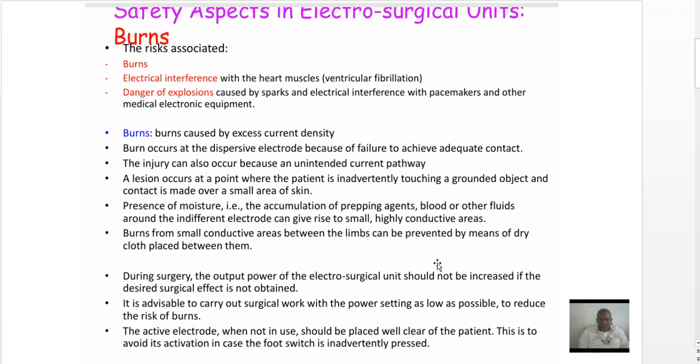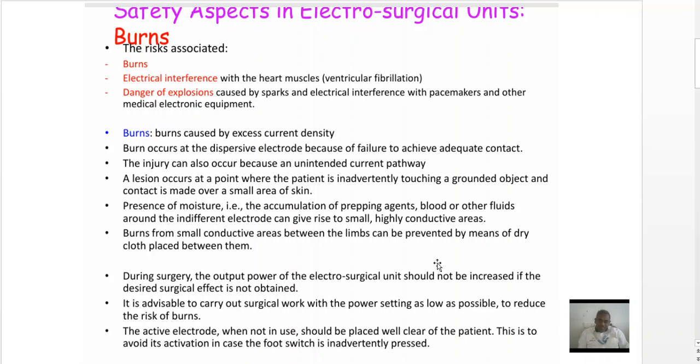Next is the danger of explosion caused by sparks, and electrical interference with pacemakers and other medical electronic equipment. First, burns caused by excess current density.